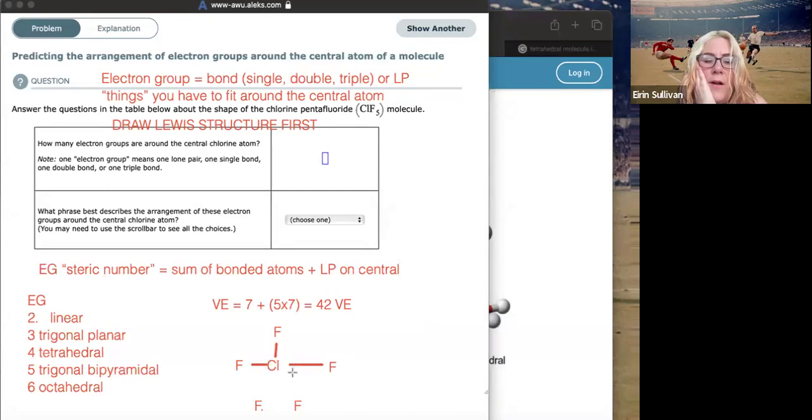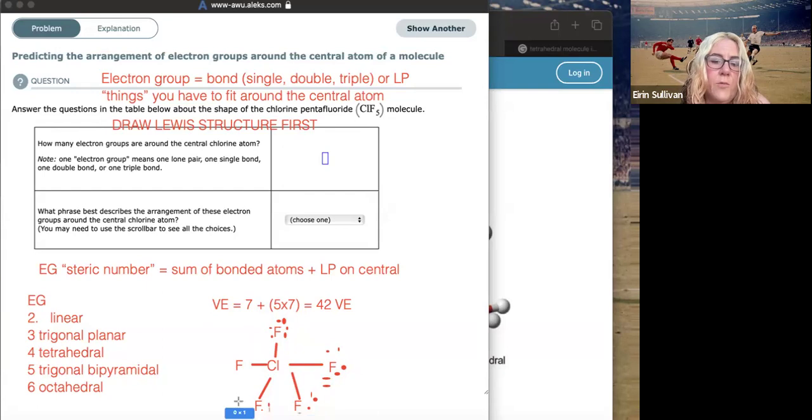And then we've got our lone pair electrons on each fluorine. So yeah, you do have to draw them. 10, 12, 14, 16, 18, 20. Sorry, it's going to look kind of ugly. 22, 24, 26, 28, 30, 32.